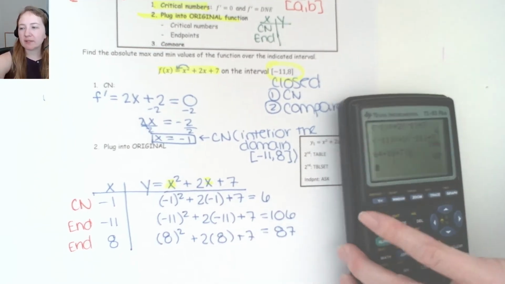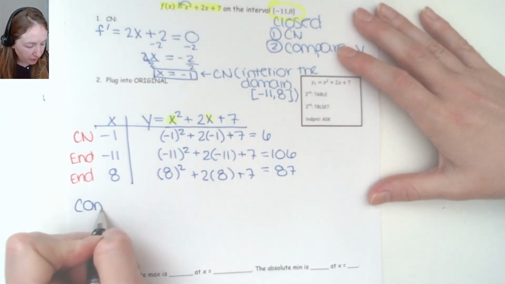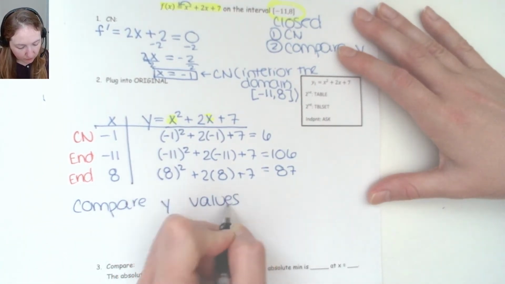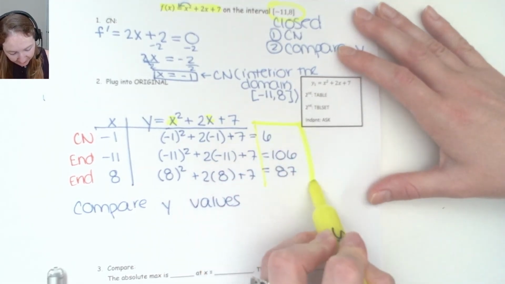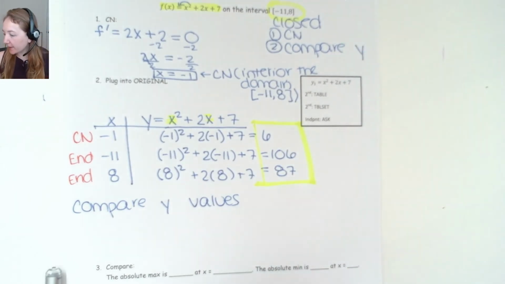Now, here is the deal with this. What we're trying to do is compare the y values. So we are looking at this last column, and we're going to say what is the highest y value and what is the lowest y value. And those are going to give us our absolute max and min.